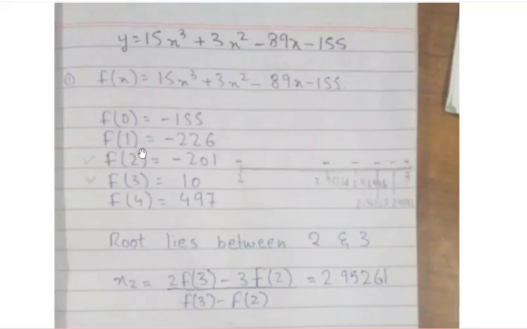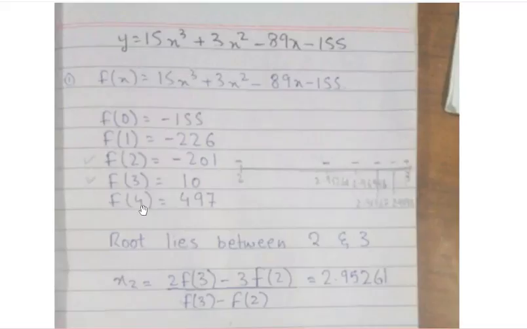Again we substitute 1, so f of 1 is equal to minus 226. Then again we substituted 2, which comes out as minus 201. Again we substituted 3, which comes out as 10. Again we substituted 4 into the equation, and the result is 497.